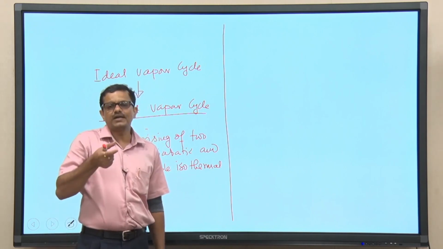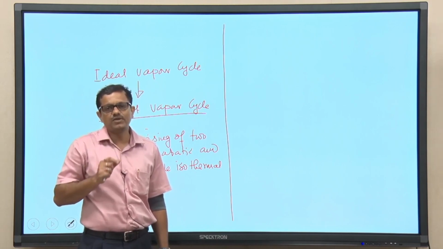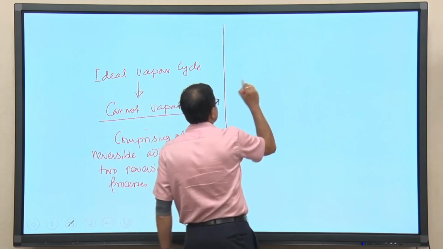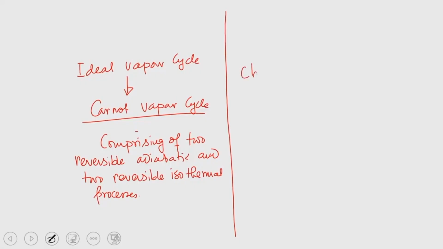So, the choice of any particular thermodynamic cycle depends on two important quantities. The choice of a particular thermodynamic cycle depends on two quantities.